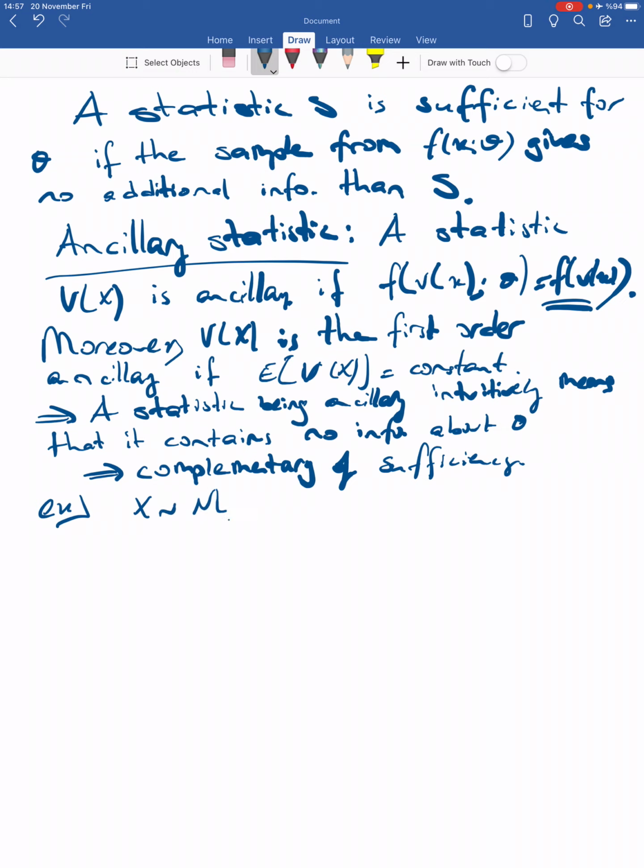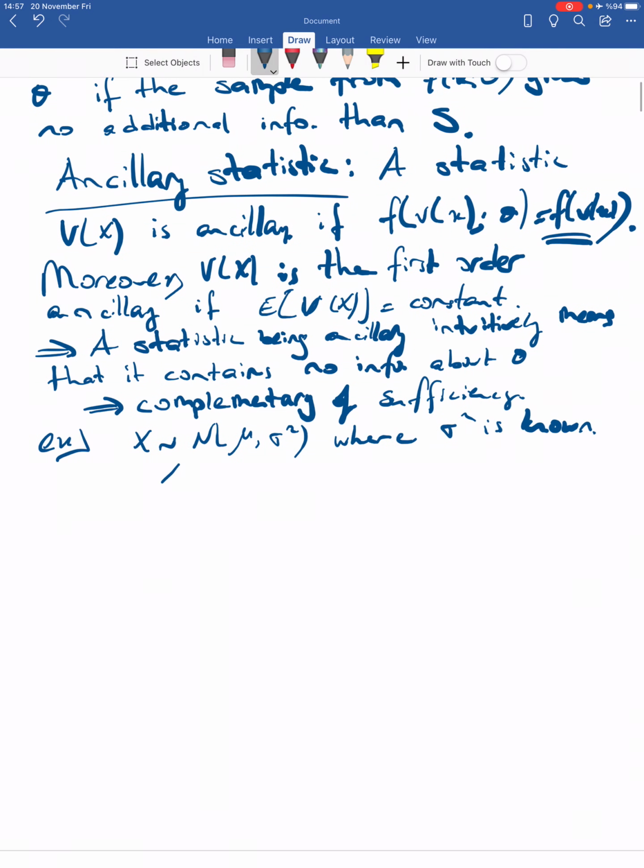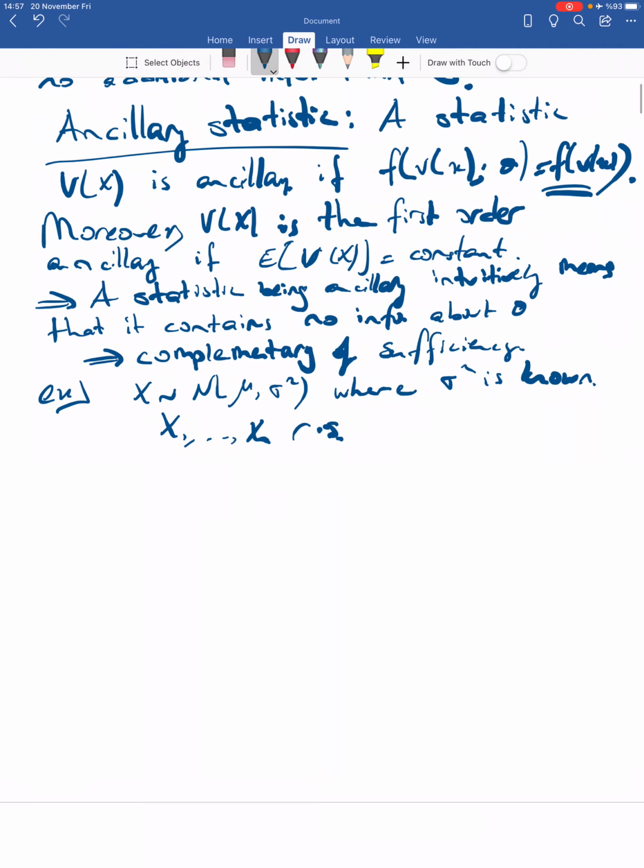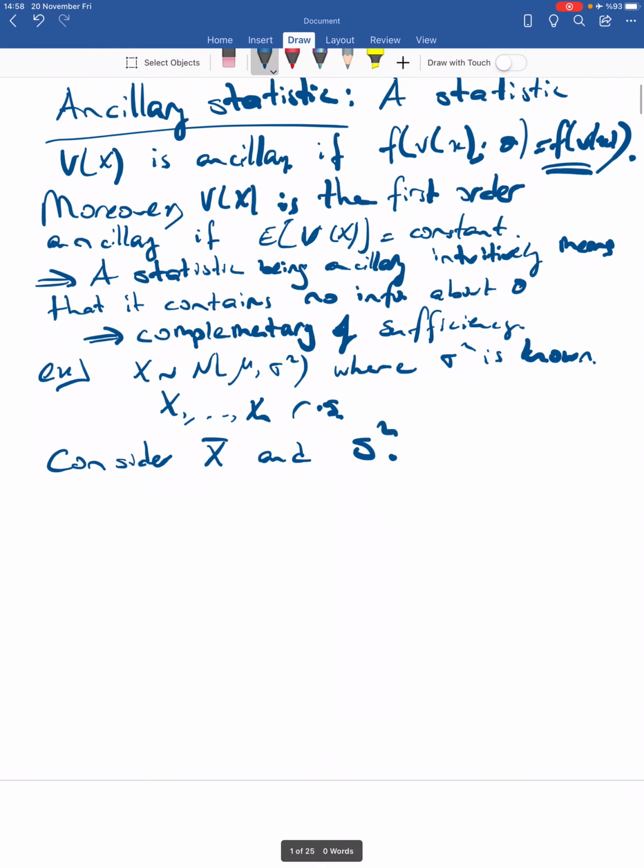Okay, so let's look at one example. We have a normally distributed random variable, and let's say sigma square is known, mu is unknown. We want to estimate mu. We'll take a sample of size n, and let's consider two statistics here: x bar and s square, the sample variance.